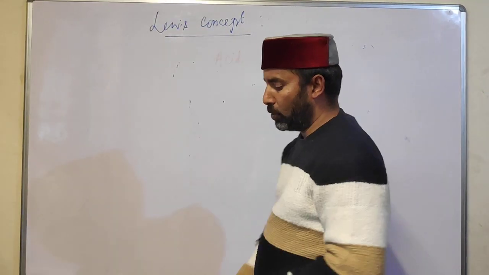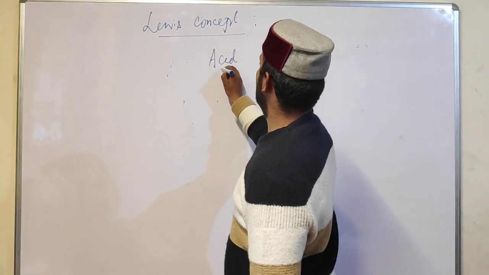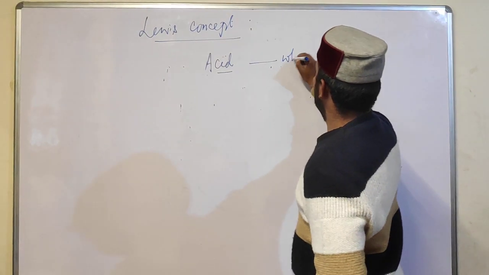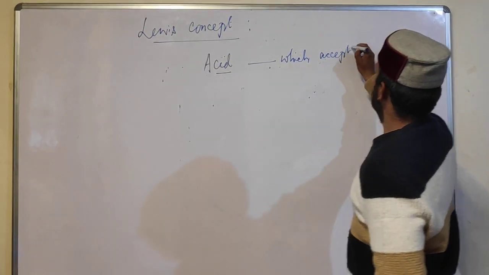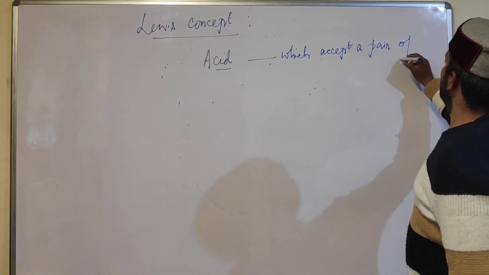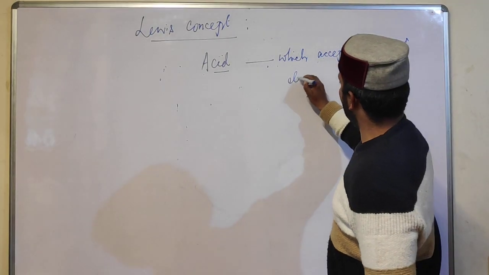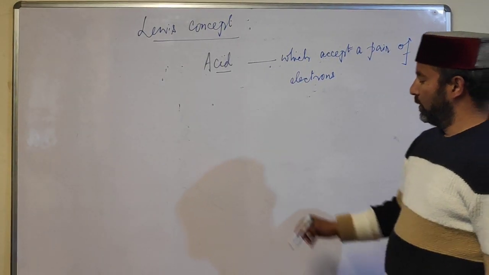So according to Lewis concept, acid is a substance which accepts a pair of electron. So any substance which can accept a pair of electron is also regarded as an acid.